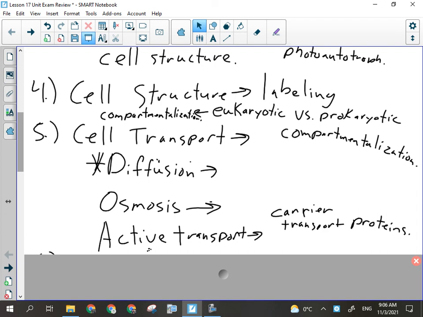Then you would identify it as active transport, and tell me that it uses energy. The energy affects the carrier or transport proteins. That's a key part of that explanation. It's their change in shape that causes the pumping action that moves the stuff across the membrane and makes it higher in concentration on one side than the other.